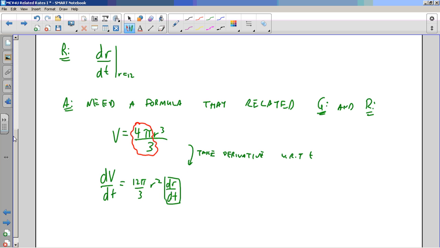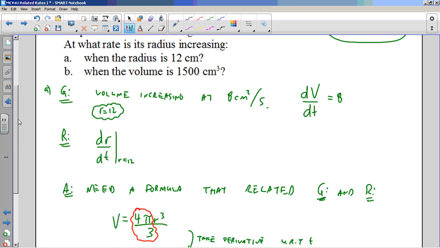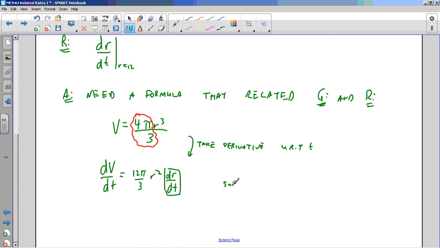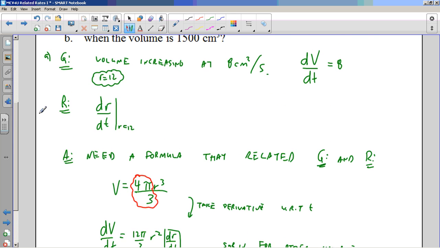Well, dV by dt, that was 8, right? So sub in for other stuff. There, we identified our unknown, sub in for other variables. We're going to run into a little bit of a trap here, but this is 8 there. That's all number. Why don't I tidy that up now? That's 4. What's the radius, though? Oh, the radius is 12, isn't it? The radius is 12.